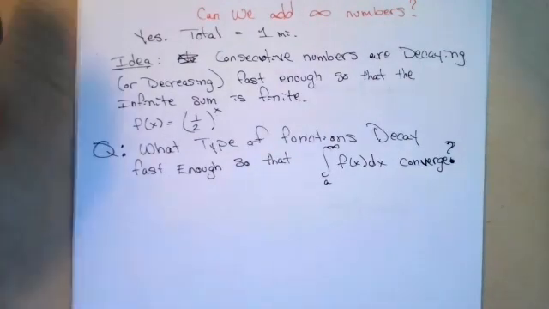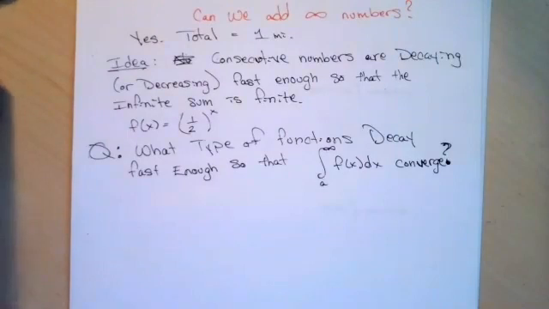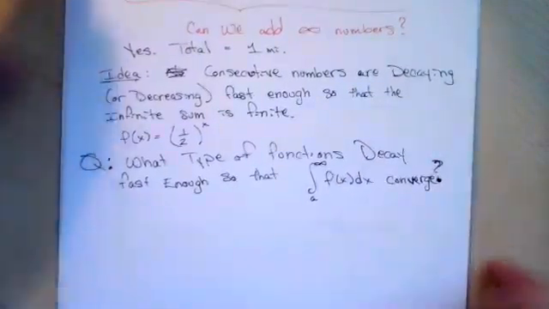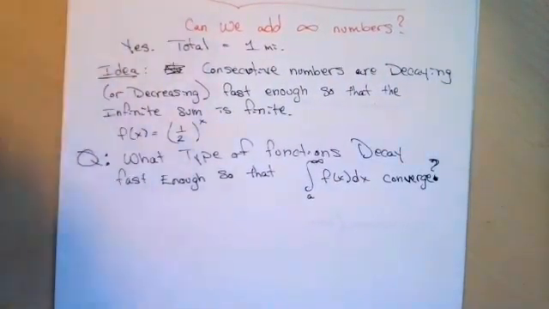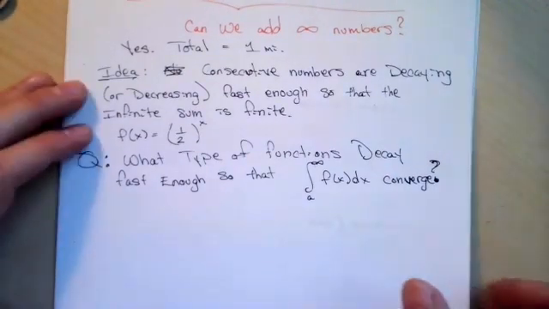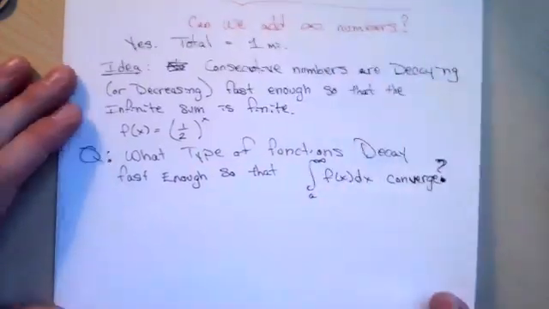So this is basically what this entire section is about. We're studying rates of decay, which are the inverse of rates of growth. And now, how can we add up areas and get finite areas over an infinite length?